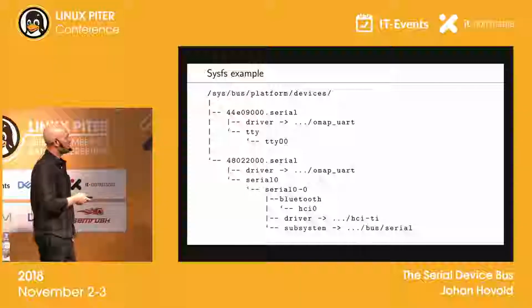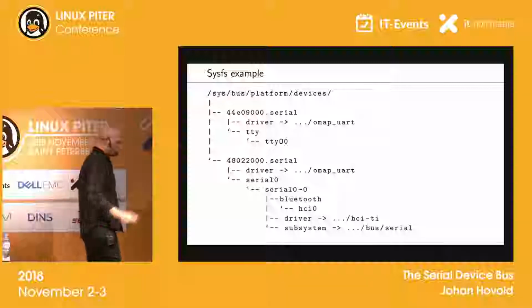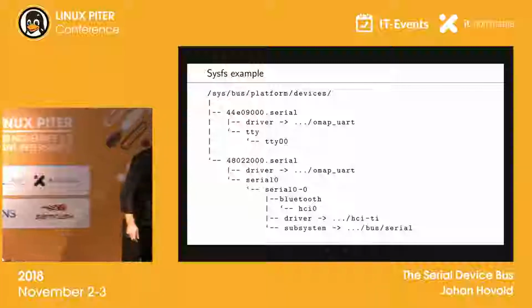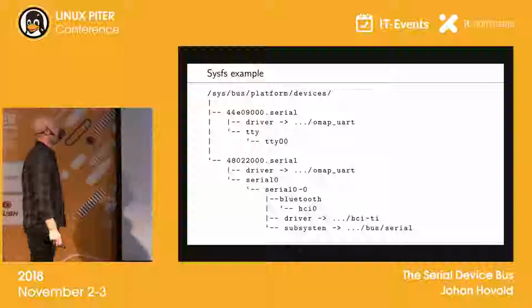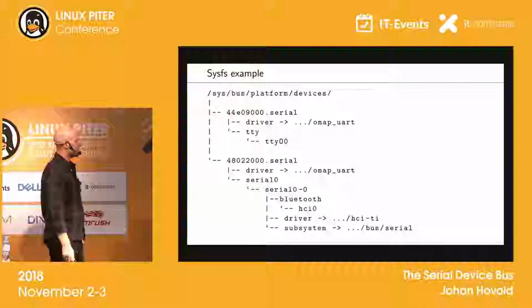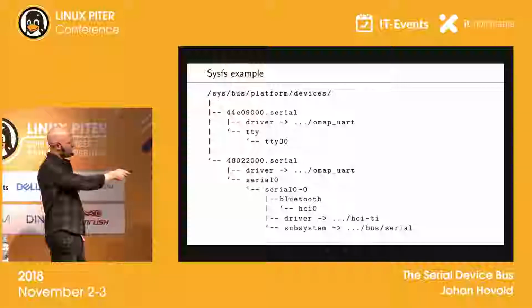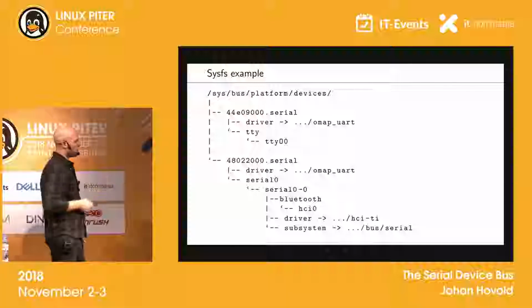Whereas in the second case, the class device has now been replaced by a controller, serial0, and a SERDEV client, serial0-0. And the client here we can see is being managed by the hci_ti driver. It's on the new bus, the serial bus, and it has registered the class device hci0.